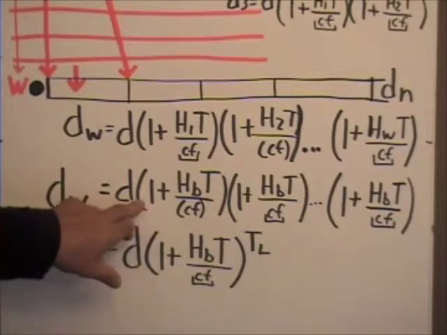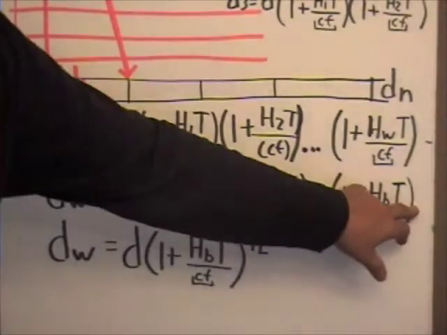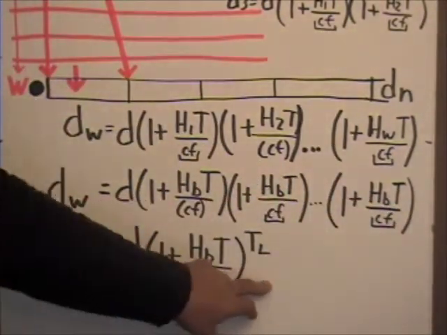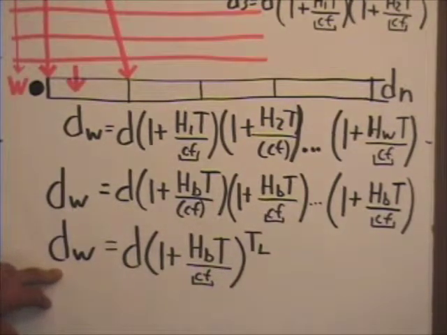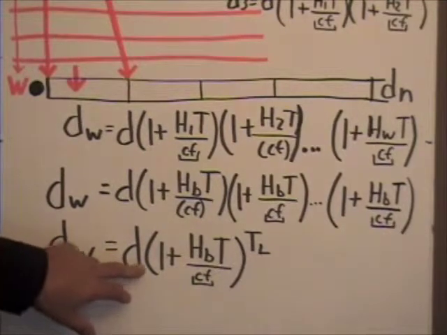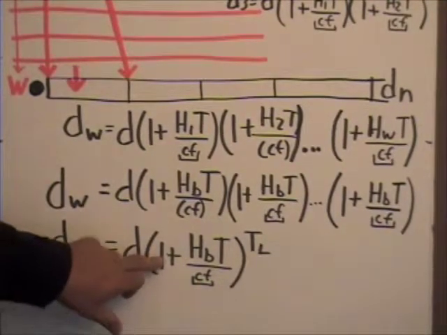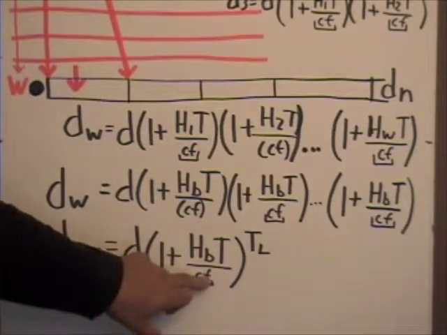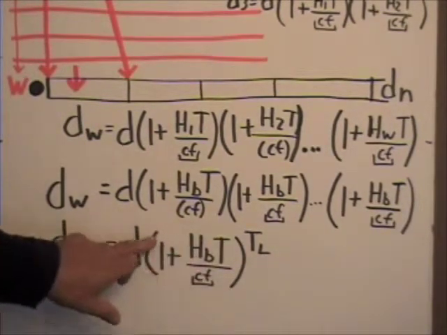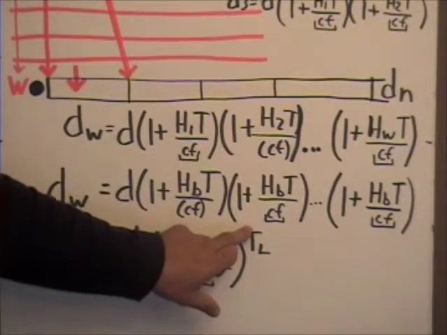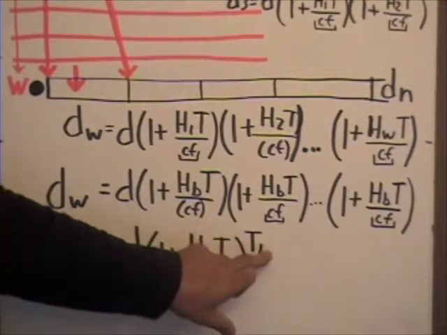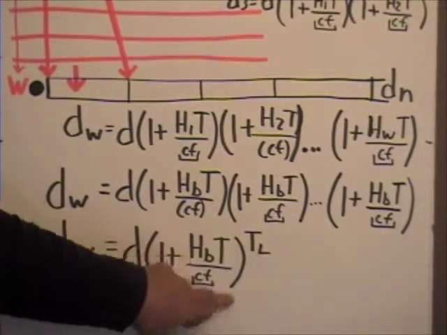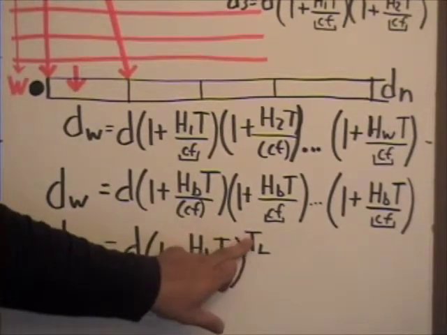So if that's the number of components in the formula, we can write the formula this way: the final distance, dW, equals the initial distance times 1 plus the blended Hubble value times t over the conversion factor, all to the power of the number of seconds in the time that light was traveling. So all to the power of TL.